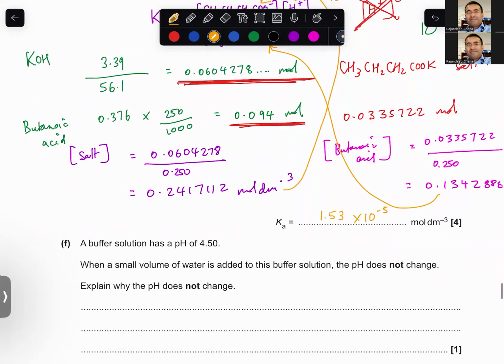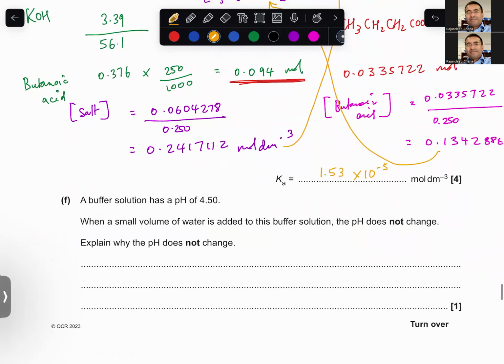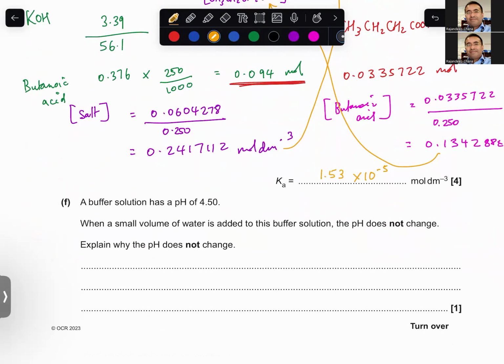But the mark scheme supports that. Moving on. It's asking about a buffer solution, and it's referring to its definition here. A buffer solution has pH 4.50. When a small volume of water is added to this buffer solution, the pH does not change. And here we need to look at the expression. You've got the Ka value, which remains constant.